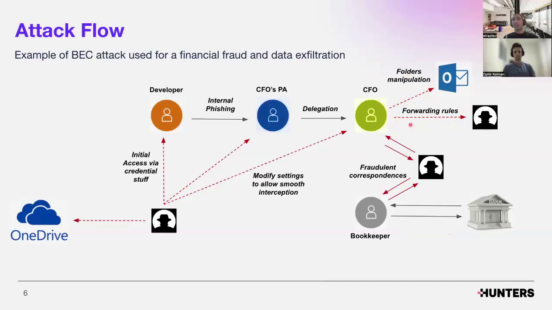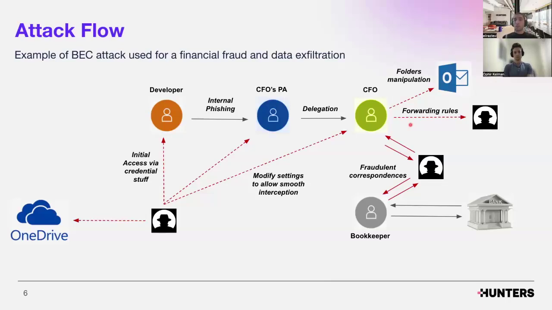Now, the attacker starts to intercept the correspondence between the CFO and the bookkeeper. He creates a fake email in the name of the CFO that asks the bookkeeper to change the bank account details of a subcontractor he should forward money to.